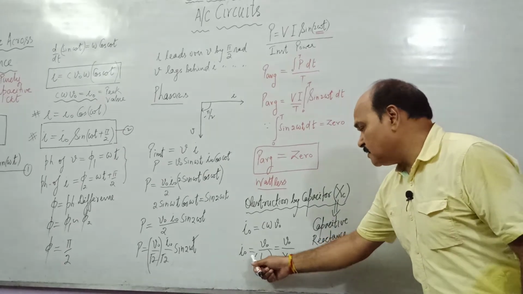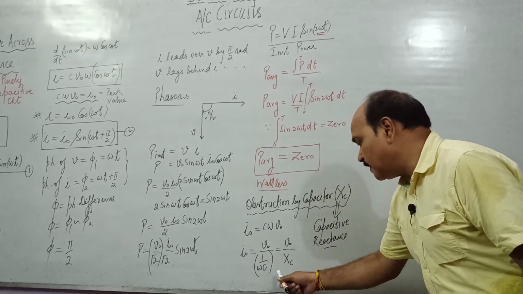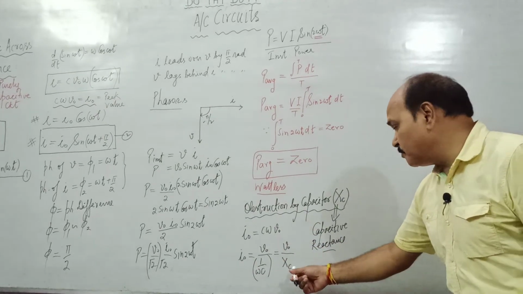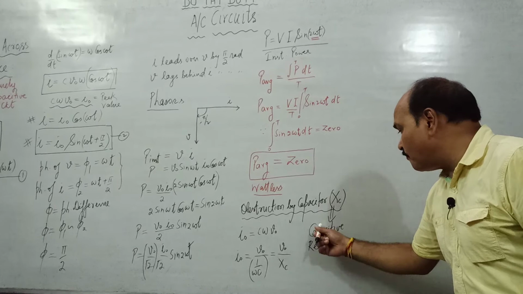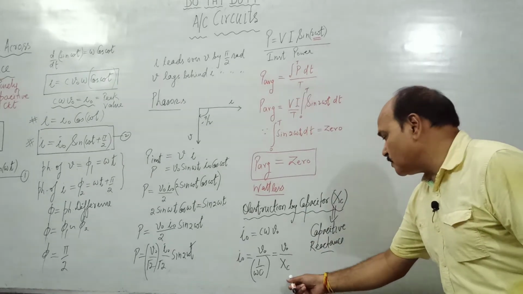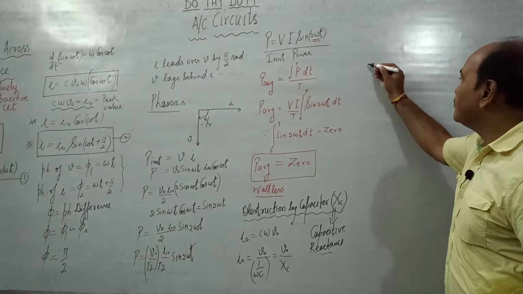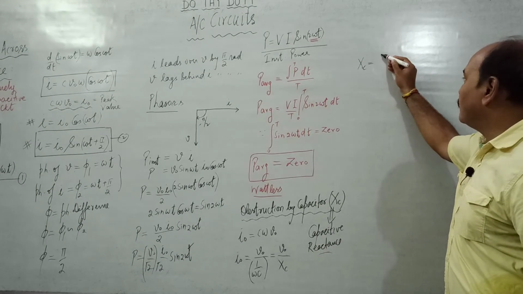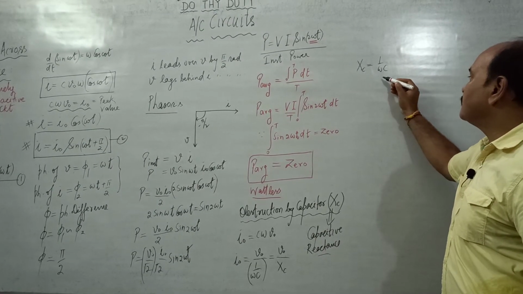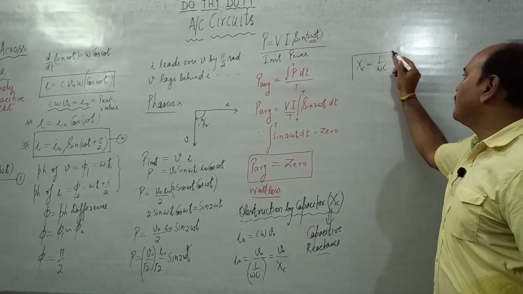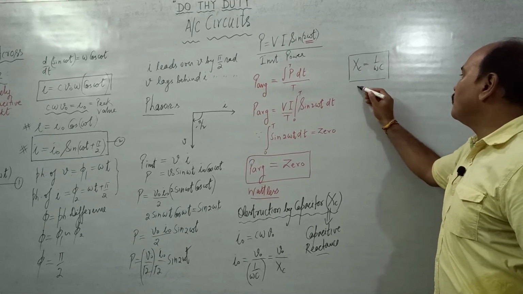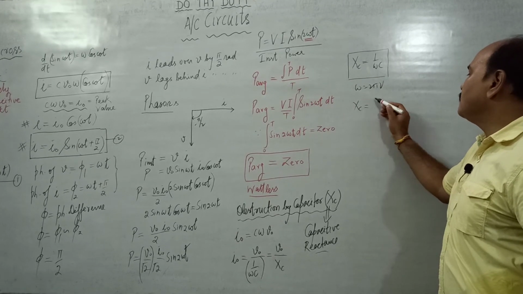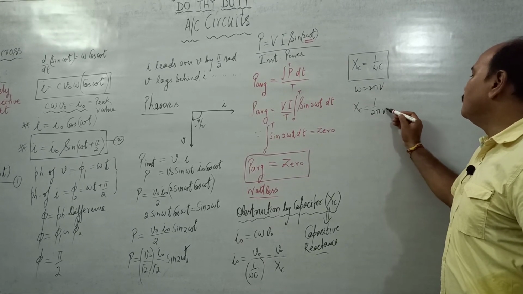So what is XC? It is 1 upon omega C. And omega is 2 pi nu, that means XC is going to be 1 upon 2 pi nu C.